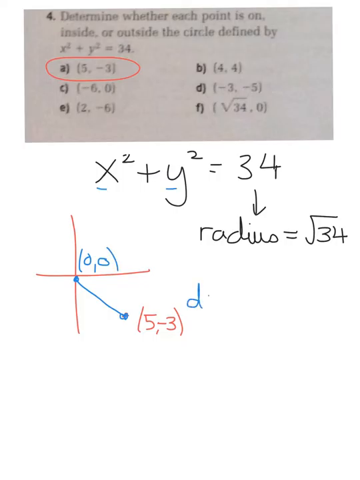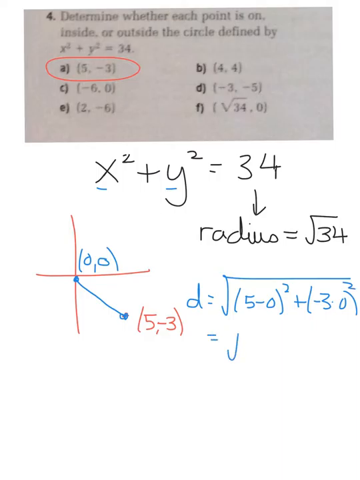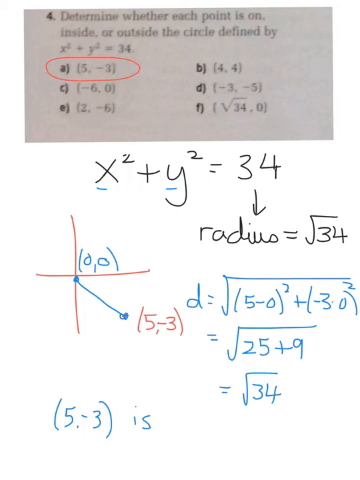So d equals the square root 5 minus 0 squared plus negative 3 minus 0 squared. That's the distance formula. So it's the square root 25 plus 9 equals root 34. Therefore, 5, negative 3 is on the circle.